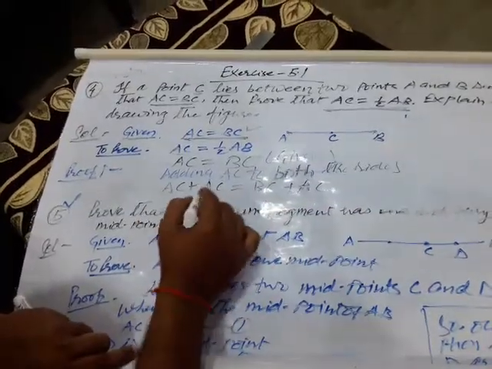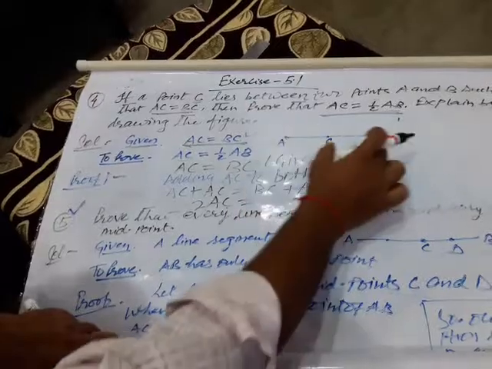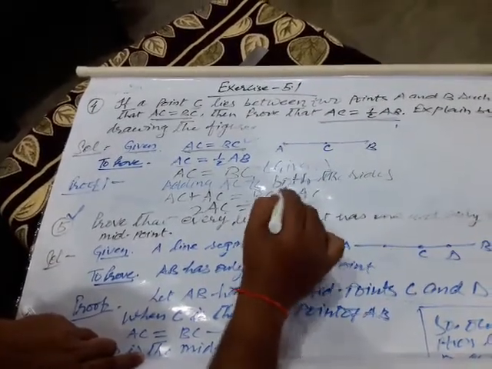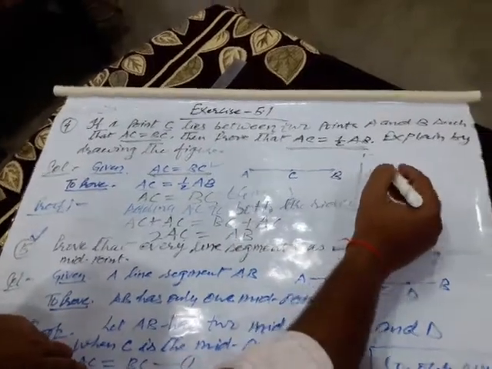AC plus AC equal to 2AC. BC plus AC equal to AB. This implies that 2AC equal to AB, you got.